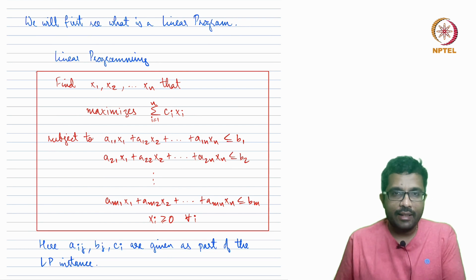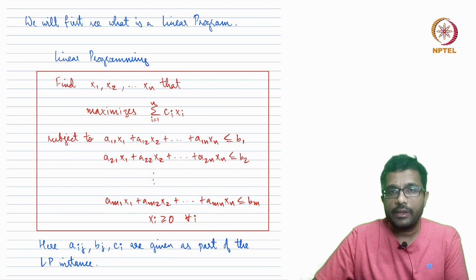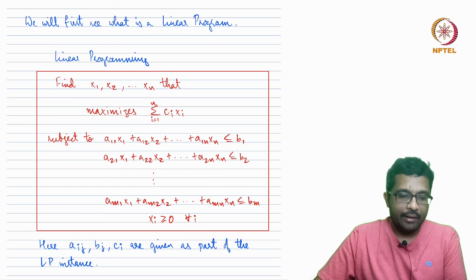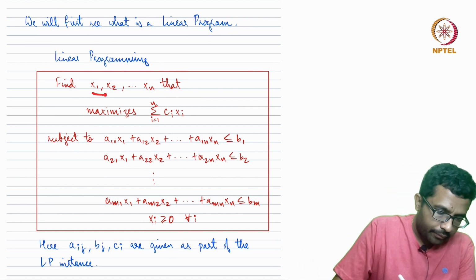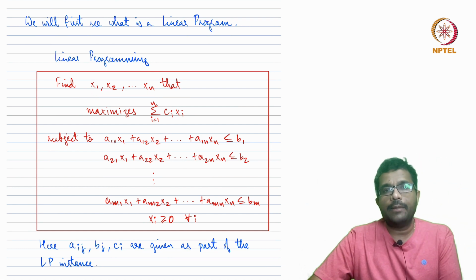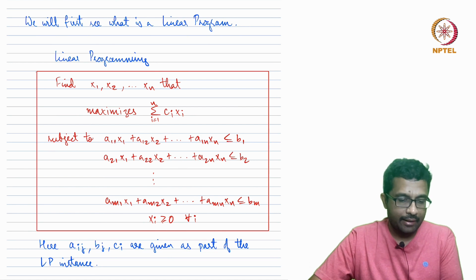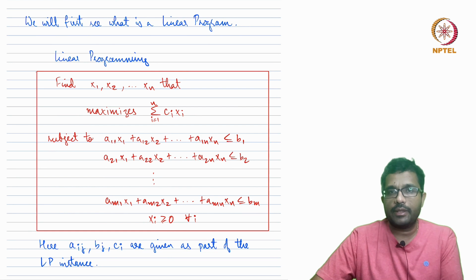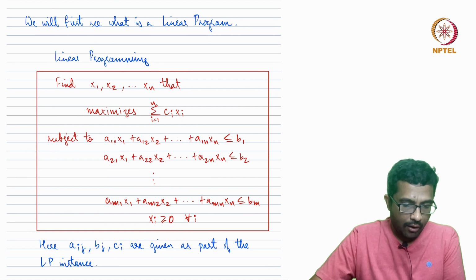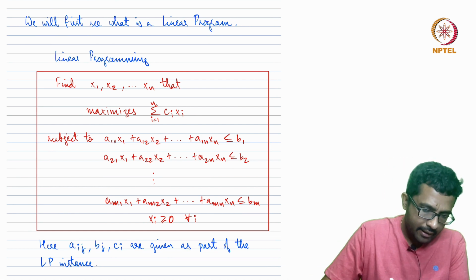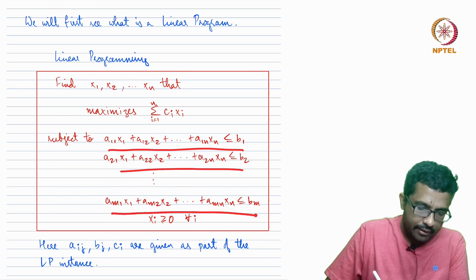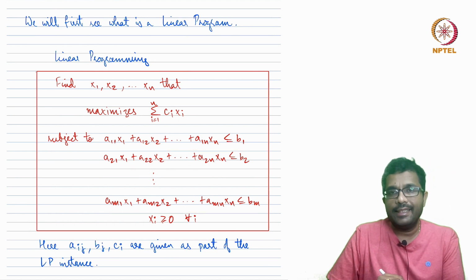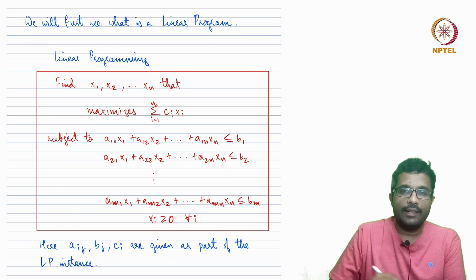Given some constraints, you want to maximize an objective function, and you have to choose some variables x1 to xn such that, subject to these constraints, you want to maximize some objective function. All of these, the constraints and the objective function, are given as linear inequalities or in the linear form.